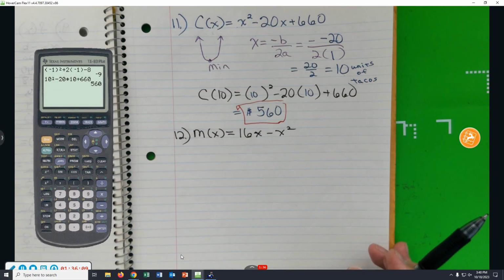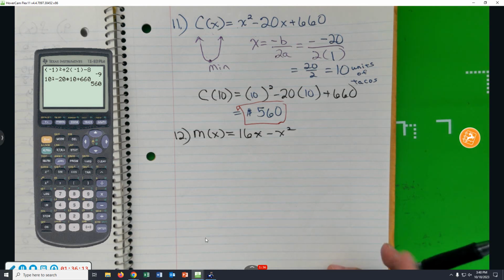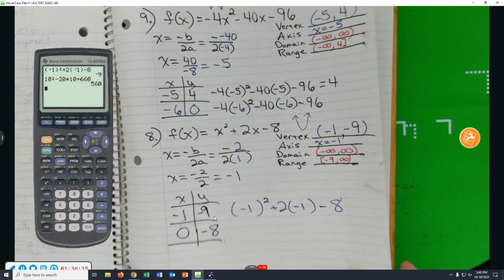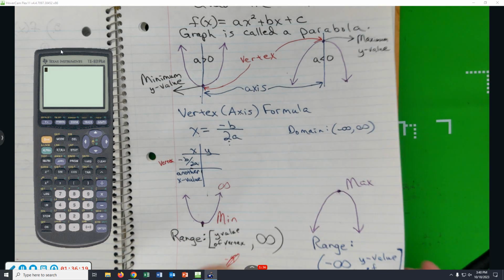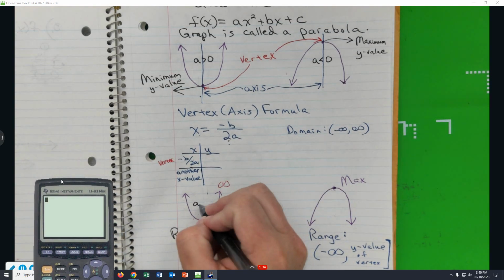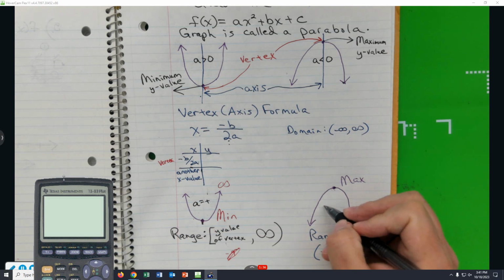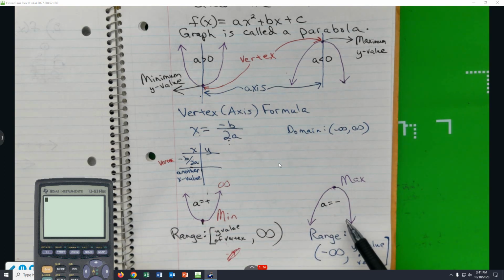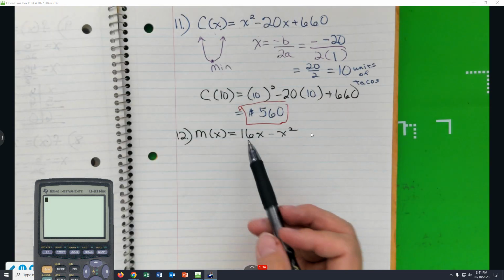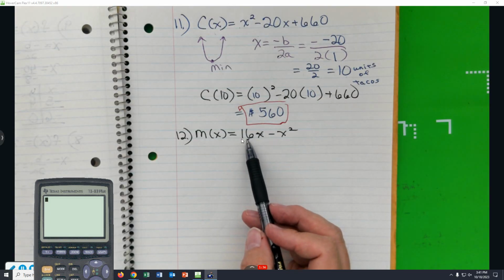Here's my question, and be careful. Will the parabola be opening upward? Is it going to open upward or downward? Remember we said if A is positive, it opens up. If A is negative, it opens downward. Well, wait a minute, 16 is positive, but you're saying downward.